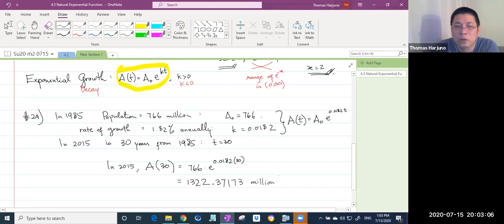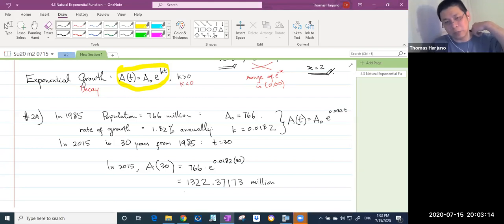So it is estimated that by 2015, they will have 1,322 million people if you round to the nearest million, or approximately 1.3 billion people with this kind of growth rate.